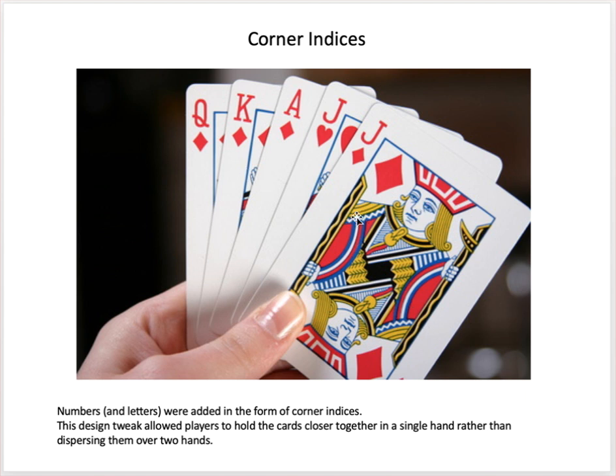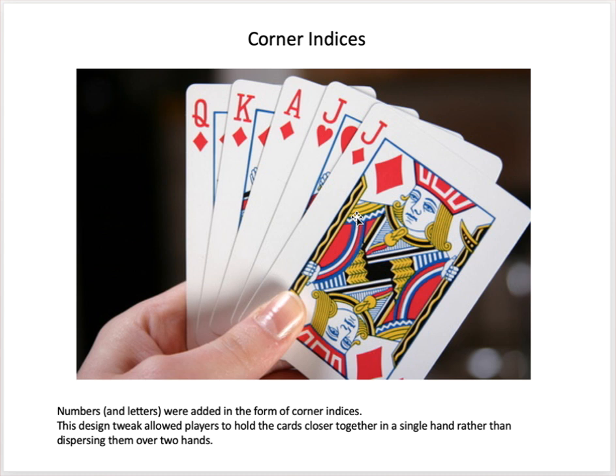And the idea behind that is, when you have several cards in your hand, you don't have to have them spread all the way out to be able to see what cards you have. You can have them nestled really tightly like they have in this picture here, and you can still see that I've got an ace of diamonds in there, but I don't have to be able to see the entire face to see them.